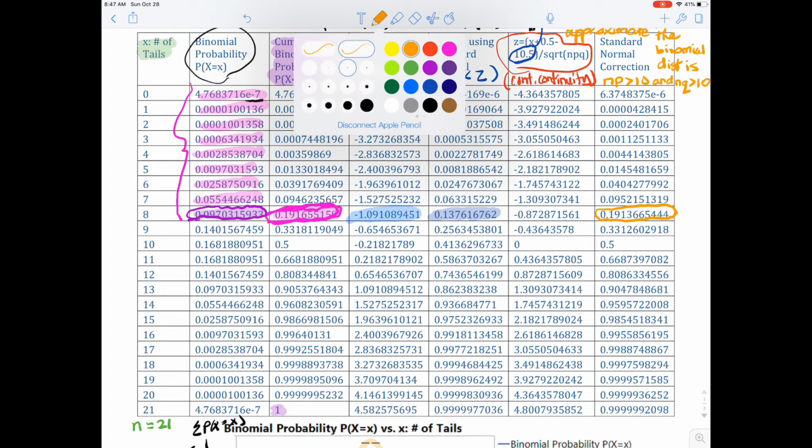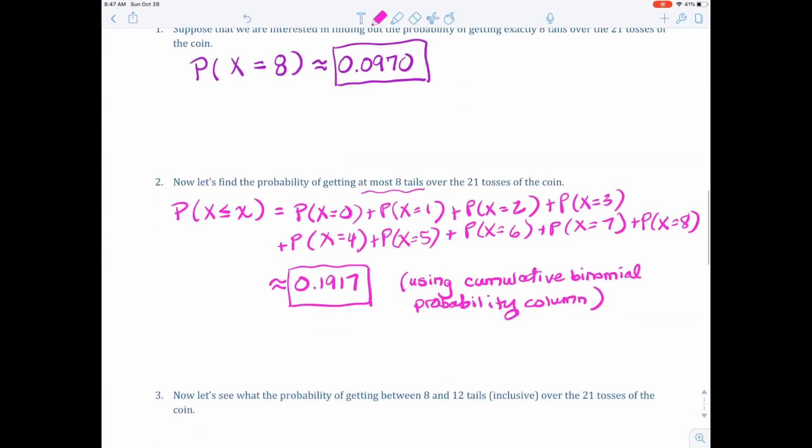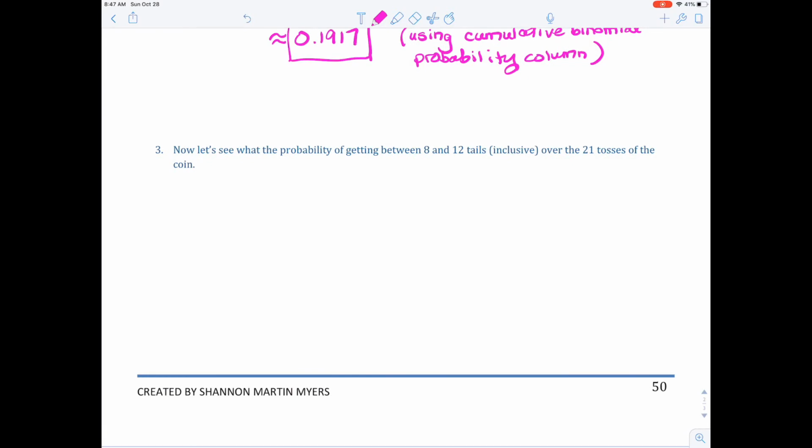So we already know this lower amount because isn't this the probability of getting between something, wouldn't this be the probability that 8 is less than or equal to x is less than or equal to 12? So we want to find the probability of getting 8 tails or 9 tails or 10 tails or 11 tails or 12 tails, right?